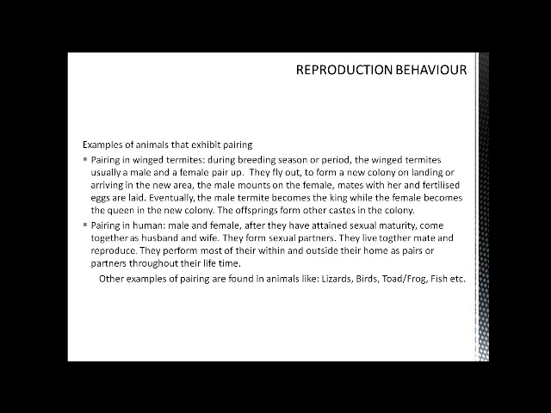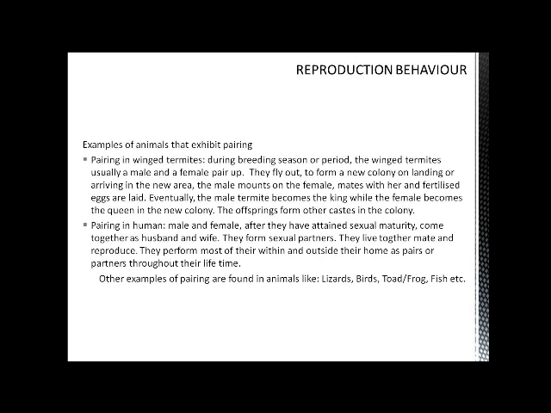That is, they come together, fly out of the group or the other termites they live with, and go to another separate new place, land there, and establish their colony there on arrival. Then, when they arrive there, the male termite mounts on the female. They mate and fertilized eggs are laid.